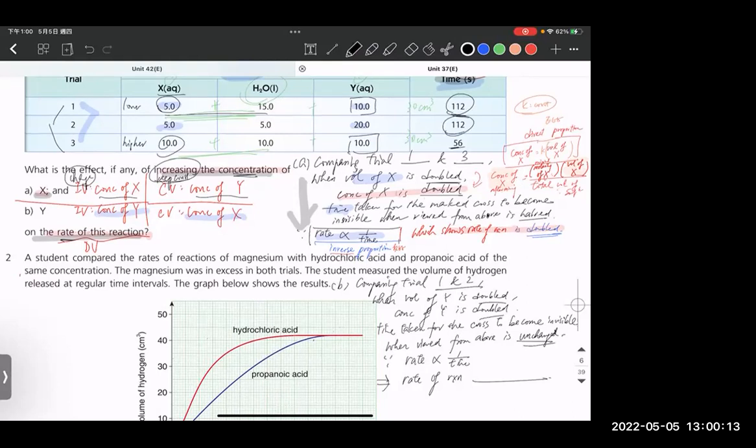So would changing the concentration of Y affect the time? No. Which means the rate of reaction, is it doubled? No. So how would you say it? It's not doubled, so it is in inverse proportion.